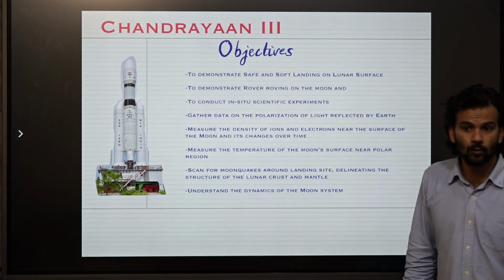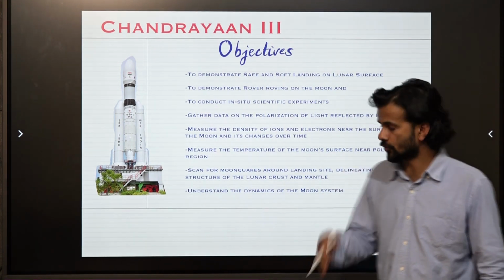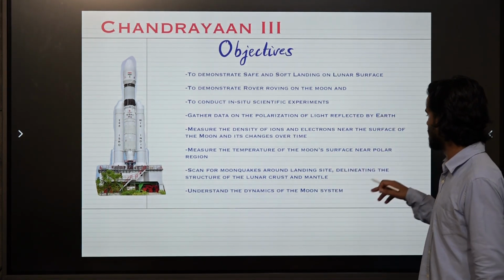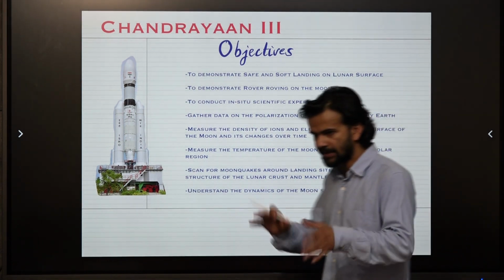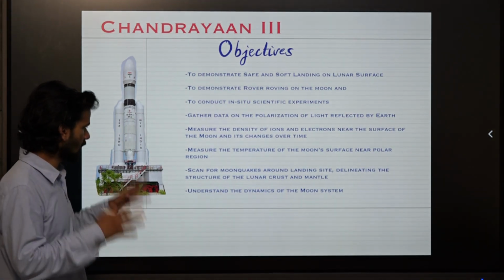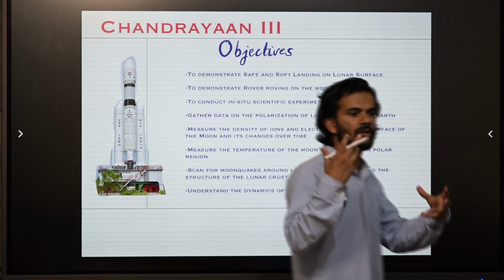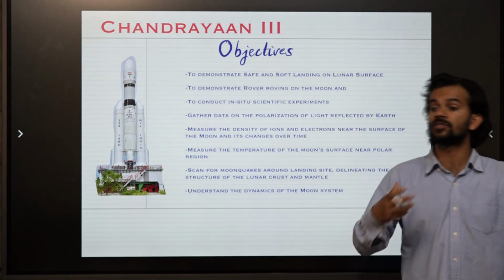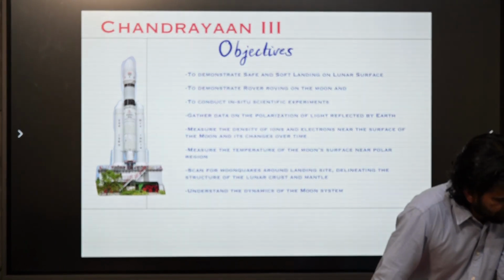Quakes means shaking of the surface of the moon. So to study that around the landing site and delineate the structure of the lunar crust and mantle. To find out the difference between the mantle and the crust of the moon, and understand the dynamics of the moon, how it's affecting various different movements in space, and so on.